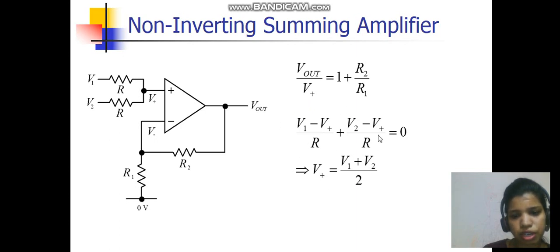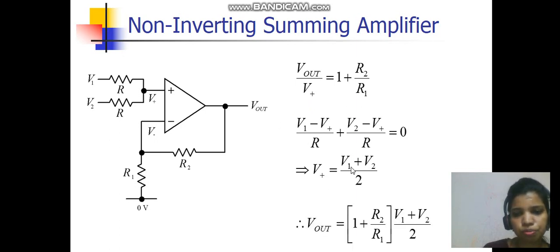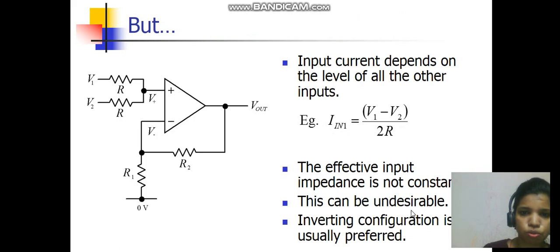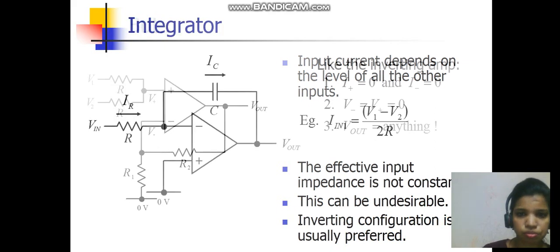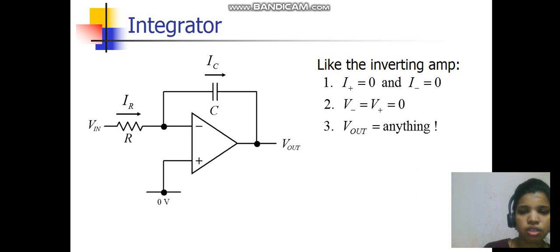From this equation we find V positive, and after substituting the value of V positive, we will calculate V out equals 1 plus R2 upon R1, times V1 plus V2 upon 2. But the input current depends on the level of all other inputs, not just one input. So the effective input impedance is not constant. So this is not desirable.